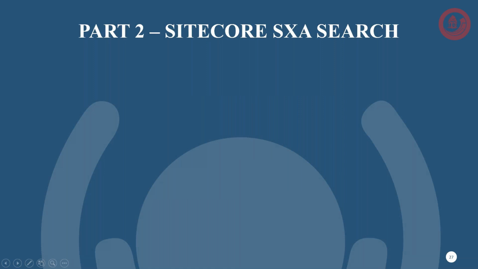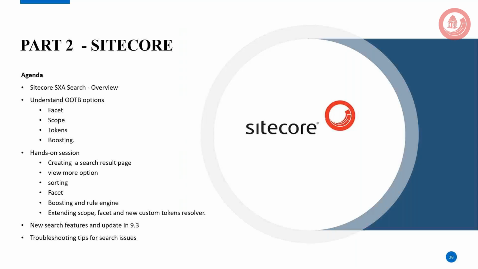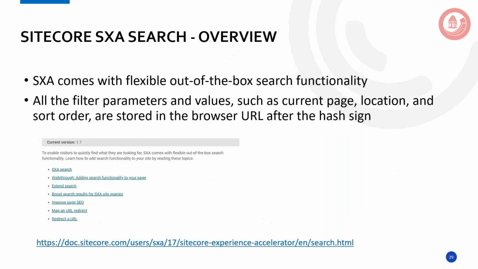For the Sitecore SXA search, we'll discuss this topic at a high level. Just an overview: SXA Sitecore provides out of the box functionality where you can drag and drop a few components.